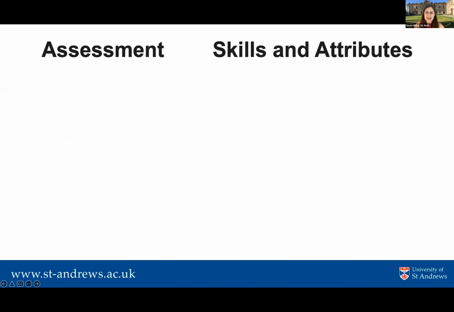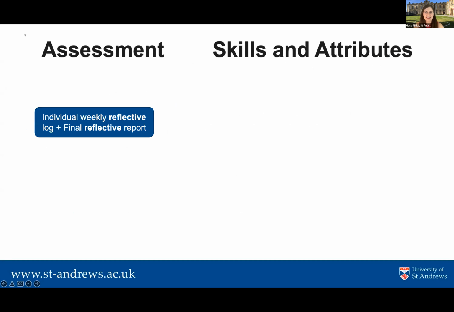Now is the part when I wanted to talk about assessment and how it relates to development of skills and attributes. Students are assessed through a portfolio of outputs, as I mentioned, and they submit individual reflective reports weekly, and then a final reflective report where they talk about their contribution to the project, but also reflect on their major areas of growth.